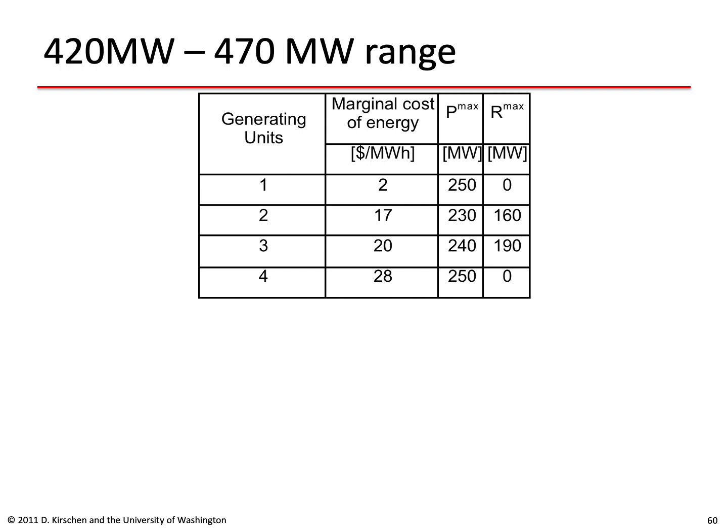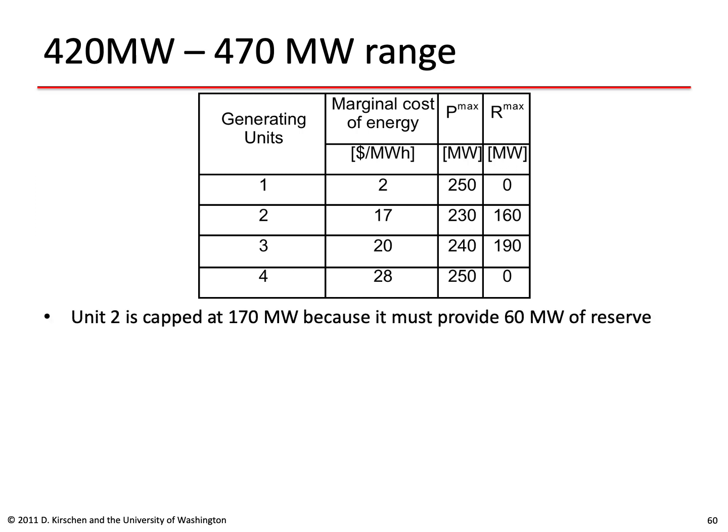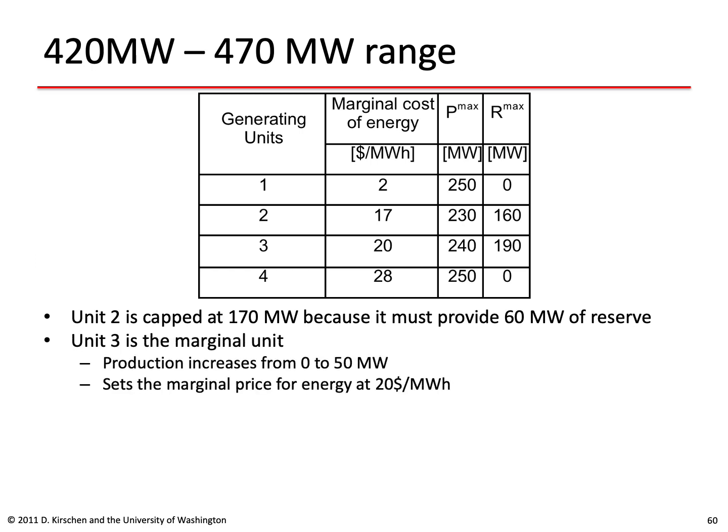When the load reaches 420 megawatts, we reach a point where something is going to have to change, because unit 2 cannot produce more than 170 megawatts of energy, because as we have seen before, it must provide 60 megawatts of reserve. At that point, therefore, we need to start producing energy with unit 3, which becomes the marginal unit.